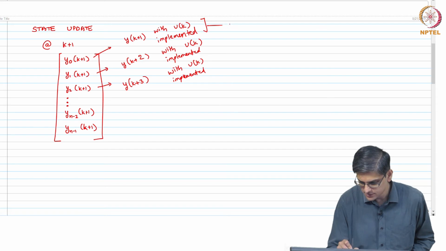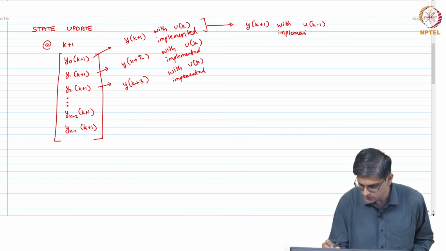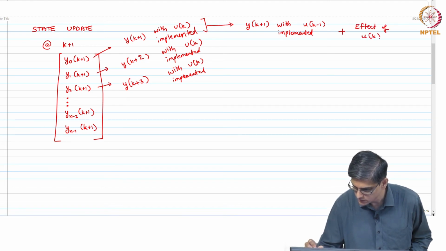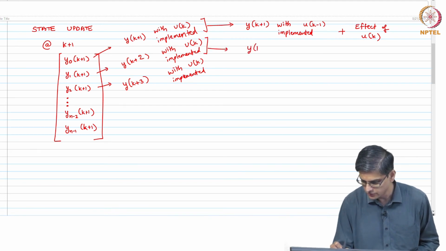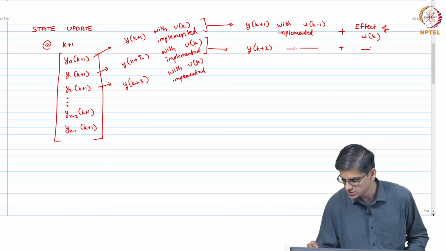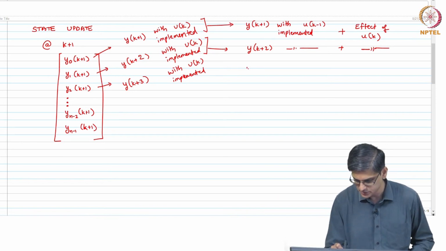This one is nothing but yk plus 1 with uk minus 1 implemented, plus the effect of uk. That is what superposition is.